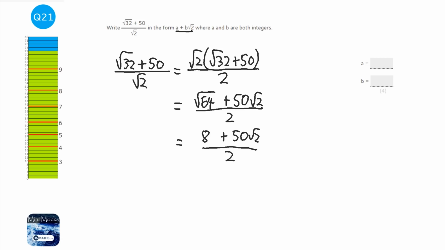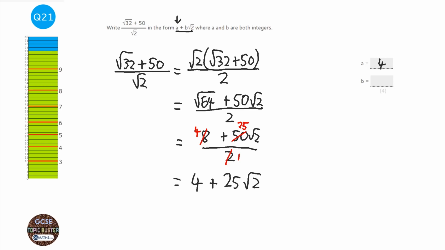Now be careful here, if there's multiple terms at the top, which there are, you've got to divide everything by 2. So that's going to be 1, that's going to be 4, and then 50 root 2 is just going to be 25 root 2. So that is 4 plus 25 root 2. So the A, the bit at the start, is going to be 4, and the B is going to be 25.